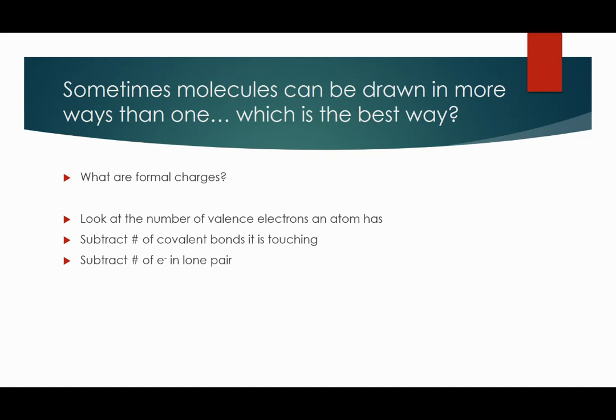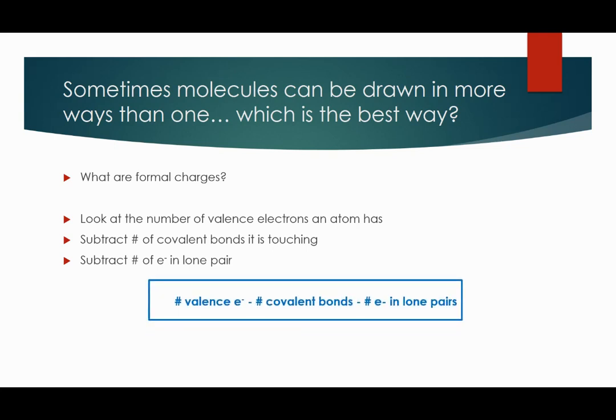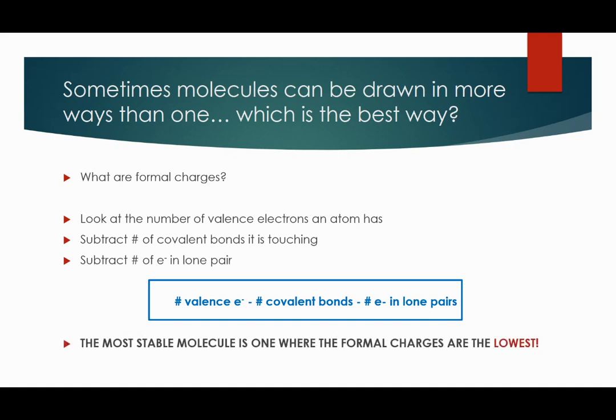What it means by formal charge is the charge over that individual atom within the full molecule. We always want to have the lowest possible charge to make sure that it is the most stable structure that we can put together. So the most stable molecule is always going to be where the formal charges are the lowest. So let's stop just talking about what this is and let's actually practice it.